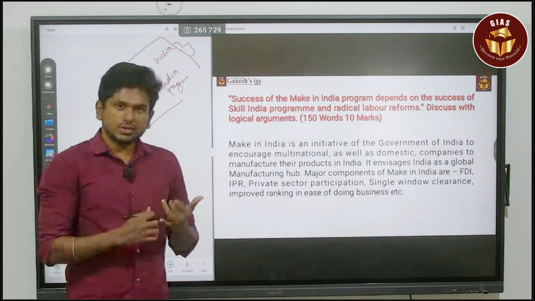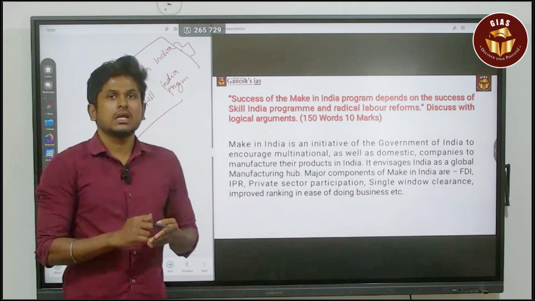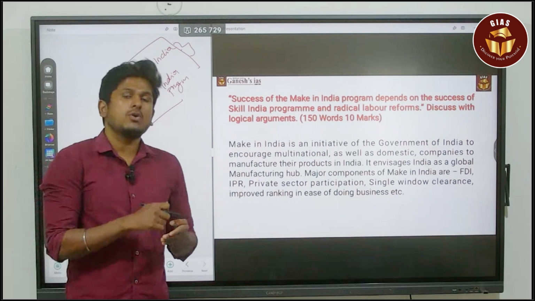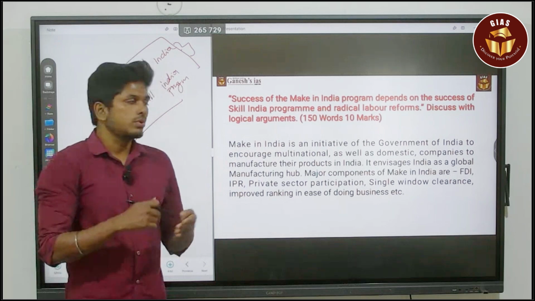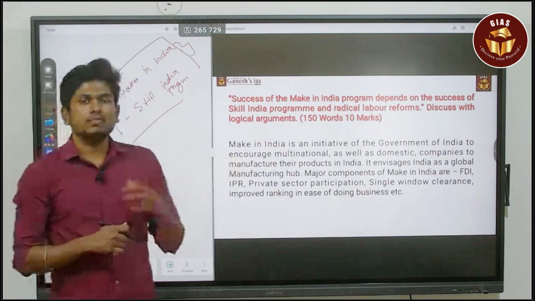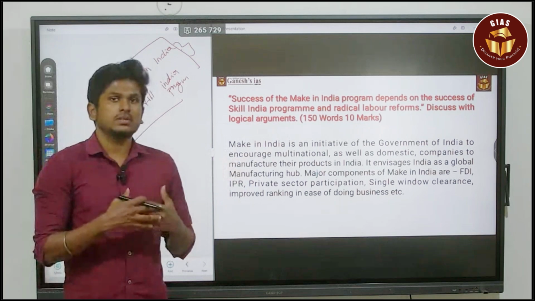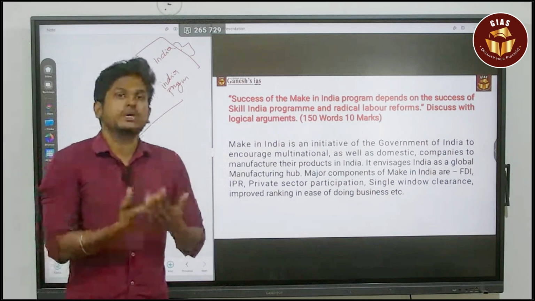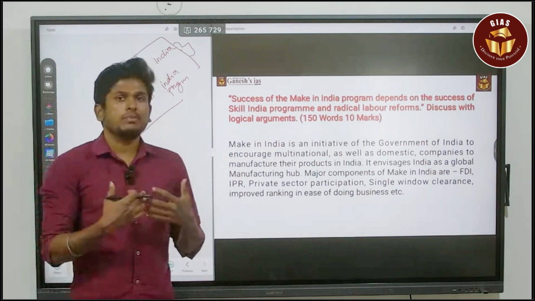So we have natural resources, energy resources, water resources, and also human resources. In that scenario, still we are importing a lot of goods from outside India. To overcome this issue, the government came up with the idea called the Make in India program, to produce all the goods and services within India, consume them in India, and also export them to the outside world. So this is the idea of Make in India.